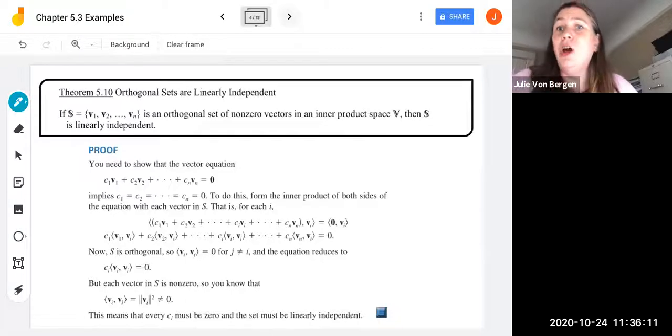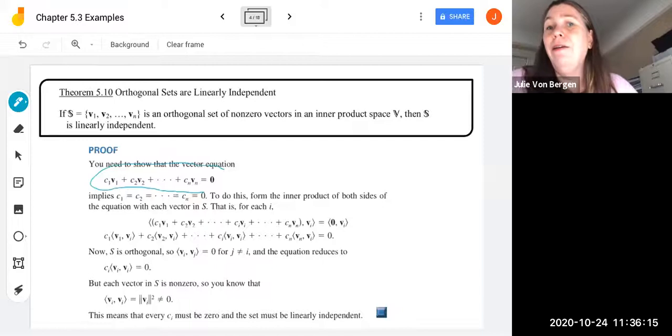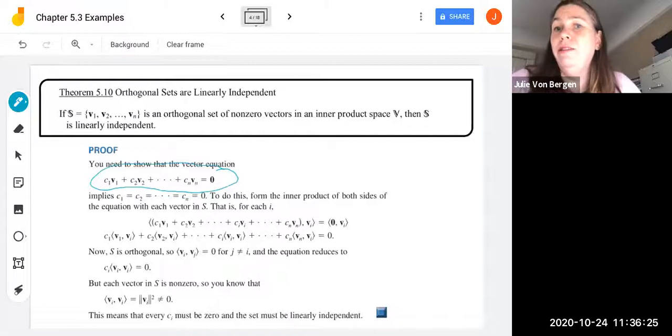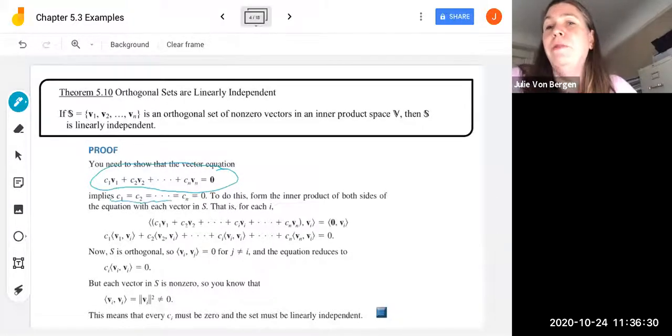So what we need to show for linear independence is if the equation C1V1 plus C2V2 added all the way through CnVn is 0, that's only true if the scalars C1, C2 through Cn are all 0, so that there's no linear dependence.